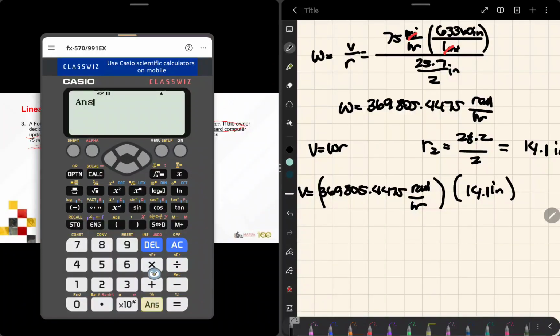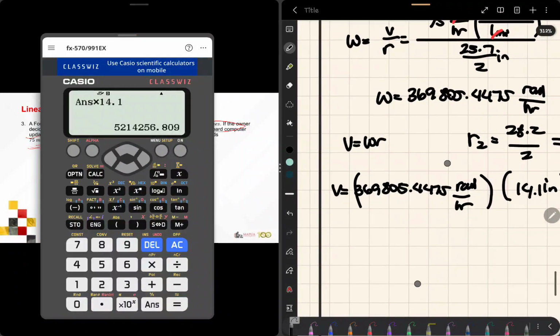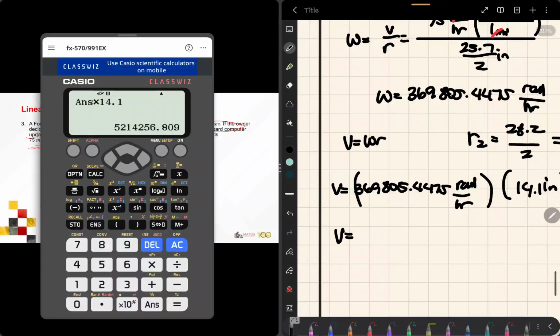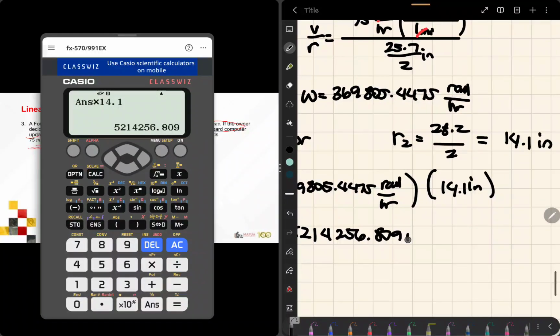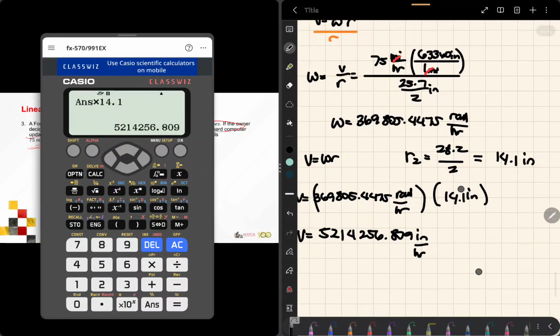So the answer is 369,805 times 14.1 inches. Therefore, the new velocity that we have is 5,214,256.809 inches per hour. Now, let us convert this velocity into miles per hour.